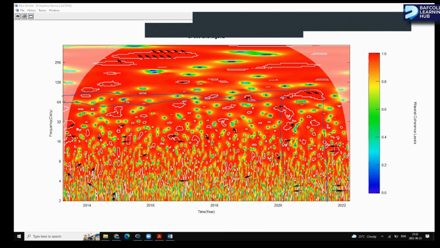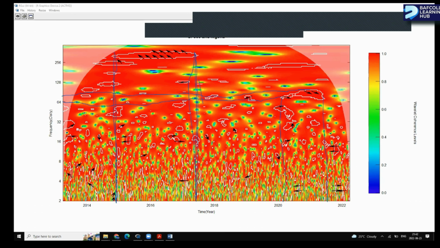Okay. Then the other thing that we can talk about is this one here and here. So here, this is actually the fourth quadrant, right?